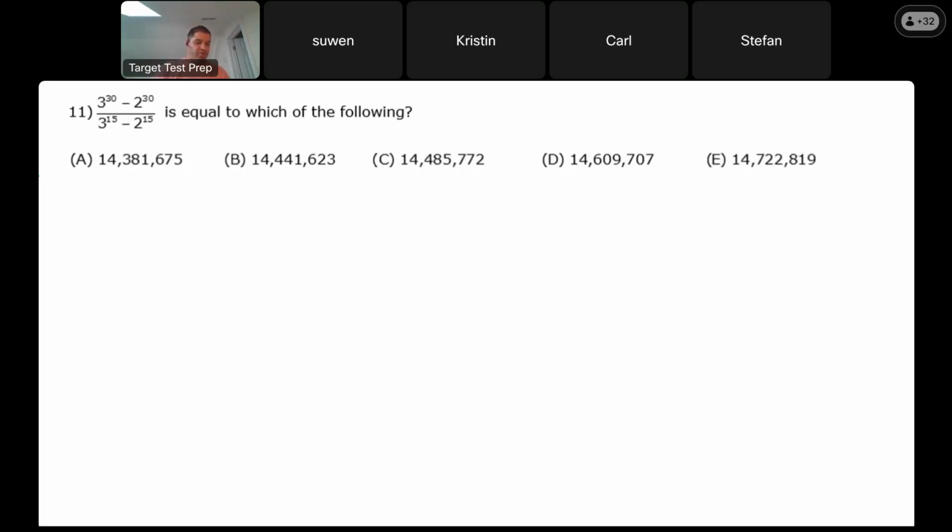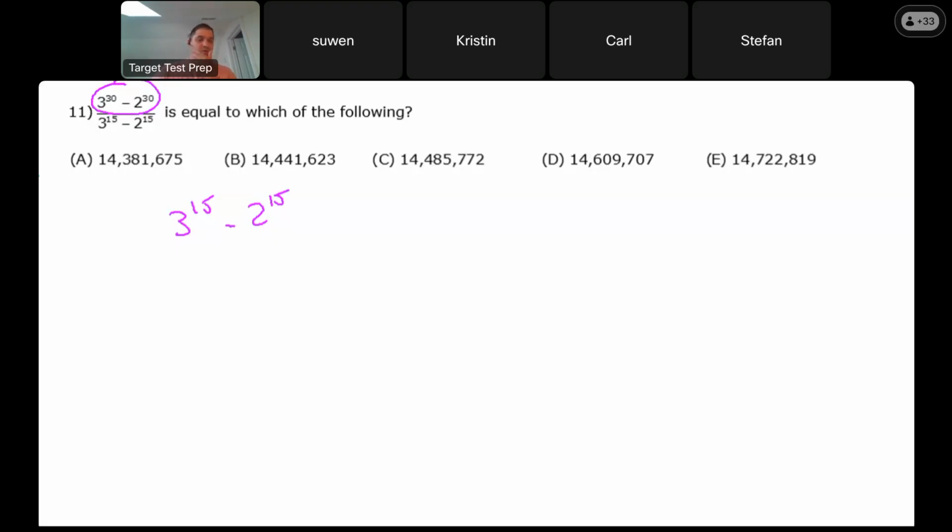Okay, so what was the process for everybody here? Did you guys first use difference of squares and then get into unit digit patterns? Yeah, exactly. So you can do 3 to the 15 minus 2 to the 15, right?